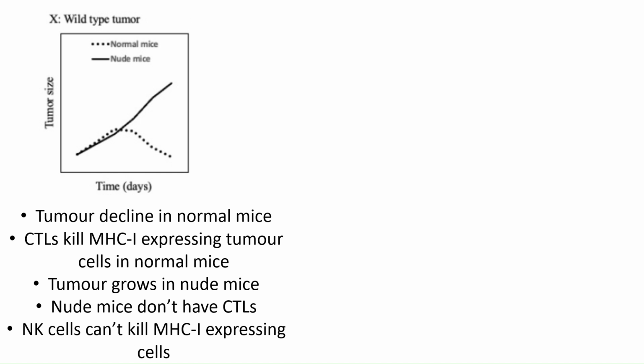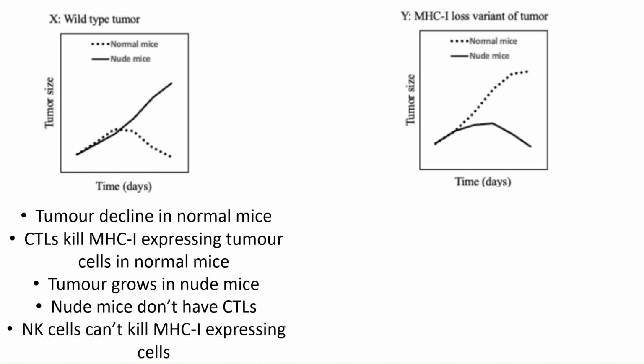Okay, now we look at the Y graph, that is with the MHC1 loss variant of the tumor. So now, in this case, the cancer cells are not expressing MHC1 molecules. So they can't be killed by cytotoxic T lymphocytes.